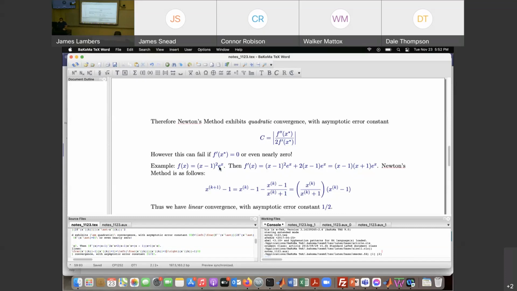Okay. So here, the asymptotic error constant turned out to be 1/2. What I was mentioning earlier was that that's not just for this function. Any function where there's a root of multiplicity 2, the error constant turns out to be 1/2.